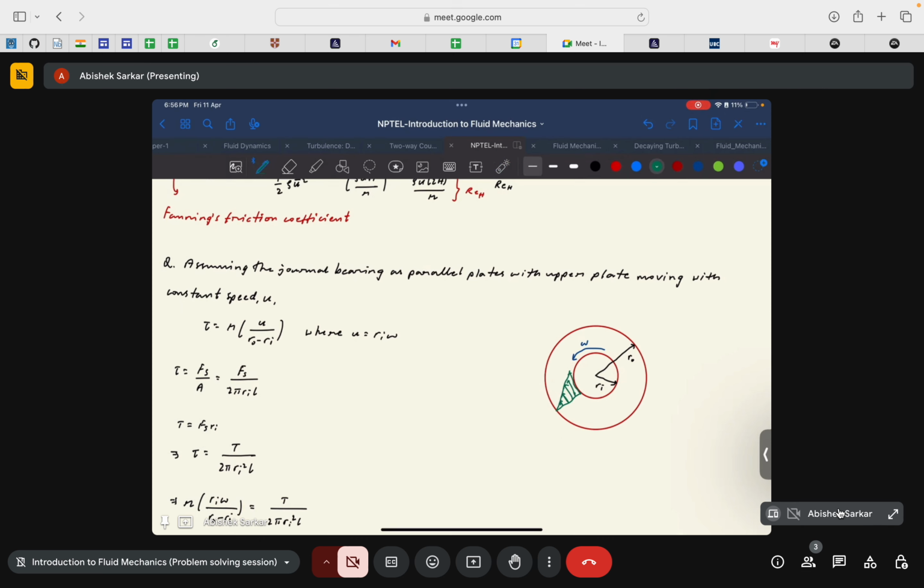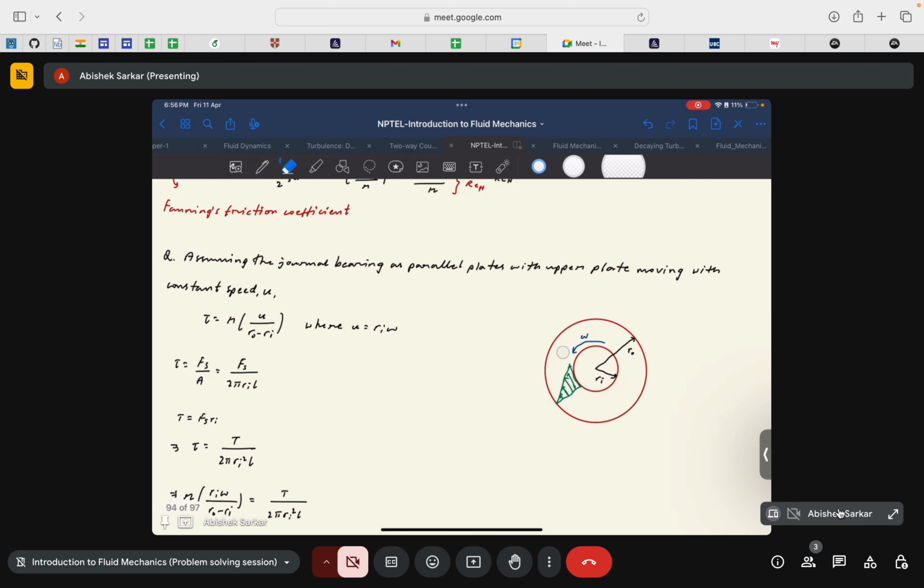The outer cylinder will be stationary, and the inner cylinder will be rotating. This diagram is conceptually wrong, so I will just change the rotation sign. Yes, then it is correct. The inner cylinder is rotating because it is attached to the shaft, which is rotating.